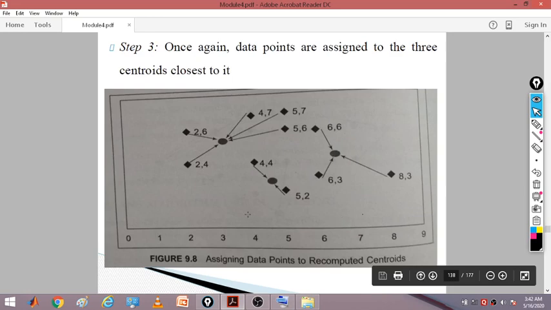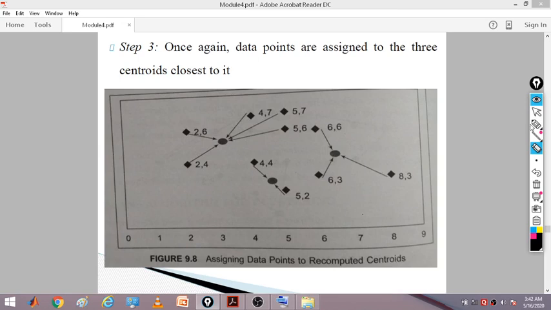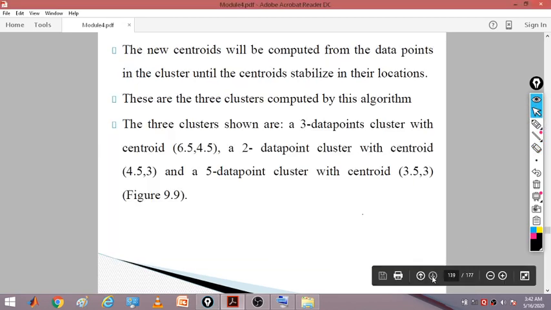These are the values of the cluster, 6.5, and roughly what y value we are getting, so the centroid that we have obtained is 6.5, 4.5.